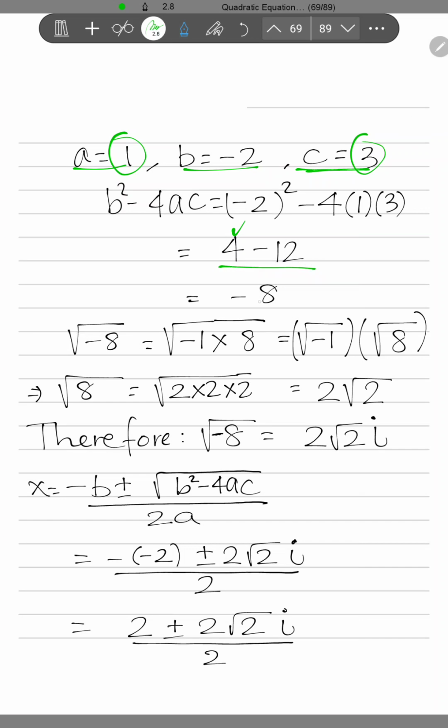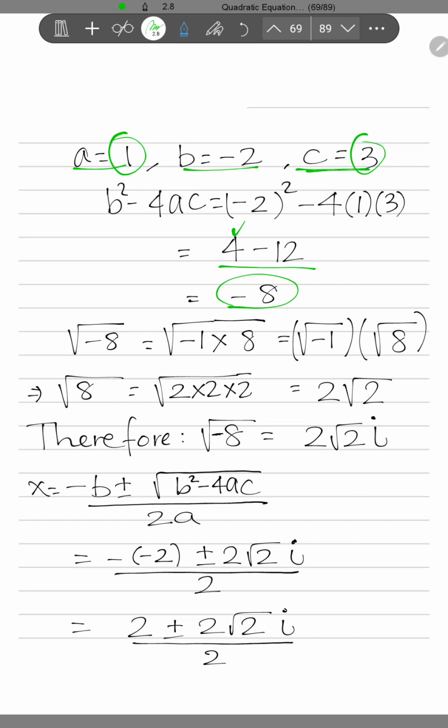So 4 minus 12 is minus 8. The discriminant is negative. When a discriminant is negative, we will have two solution sets which are not real numbers. So we have two complex solution sets.